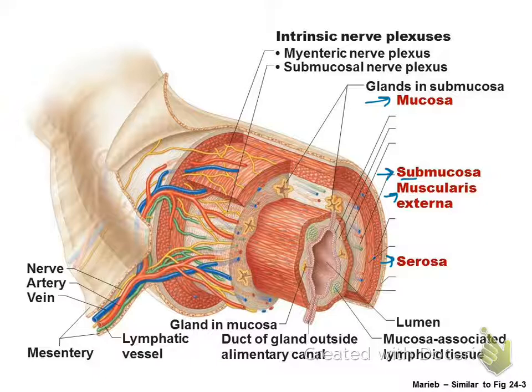It's true at the opposite end of the tube when we get to the rectum and the anus. We see stratified squamous epithelium again because we have a similar kind of effect. We're close to the outside and we see more friction. But would it make sense to have stratified squamous epithelium in the small intestine?